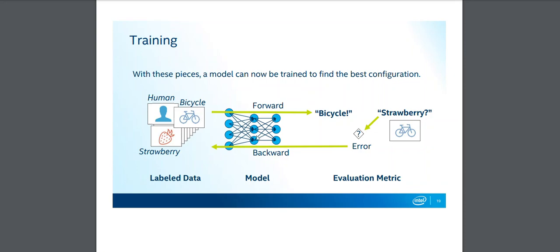Let's classify it. It learns on the training set, and then when it's all said and done, we run the test set through it and find out how good our model is, how accurate it is.